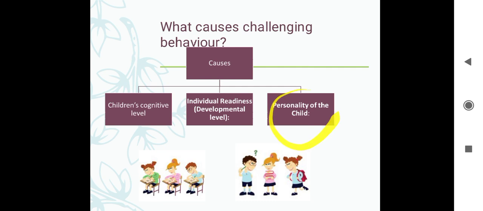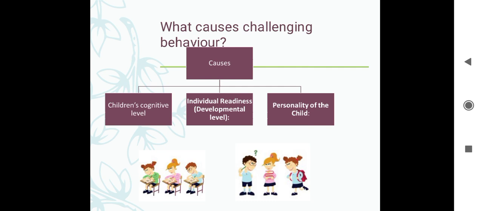So if children naturally have this personality, aggressive, extrovert, active, their actions might lead to aggression, like hitting or harming or destroying things. Those are the examples.